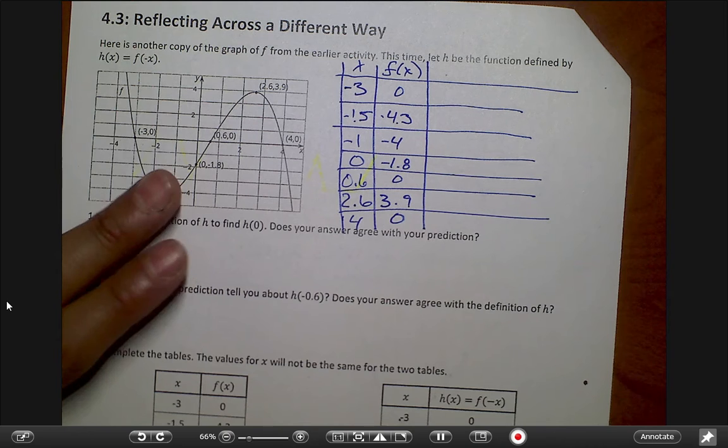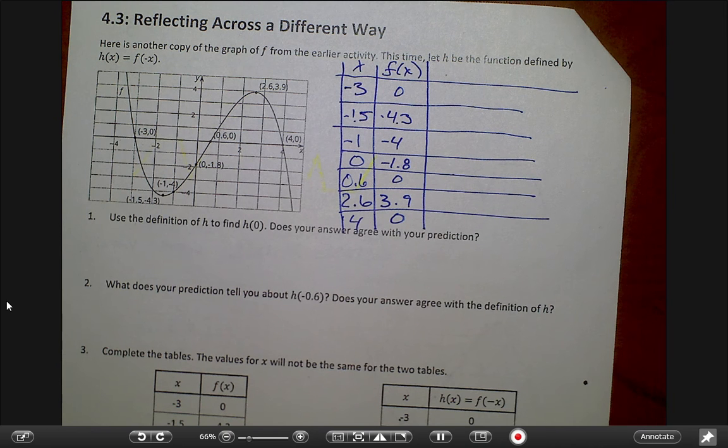Here's another copy of the graph of the function. This time, let h be a function defined by h of x is equal to f of negative x.